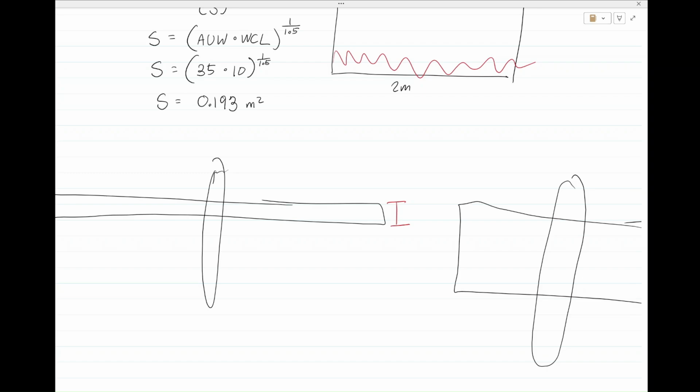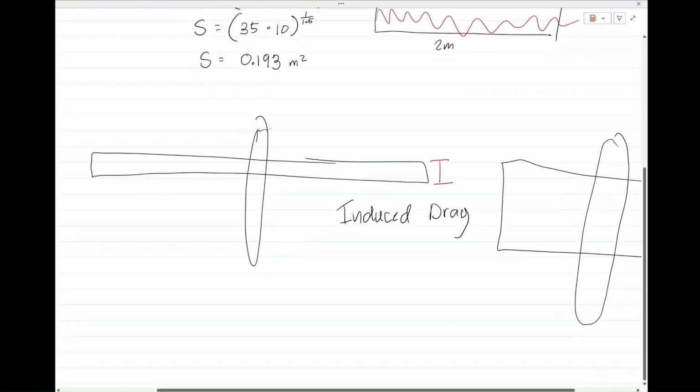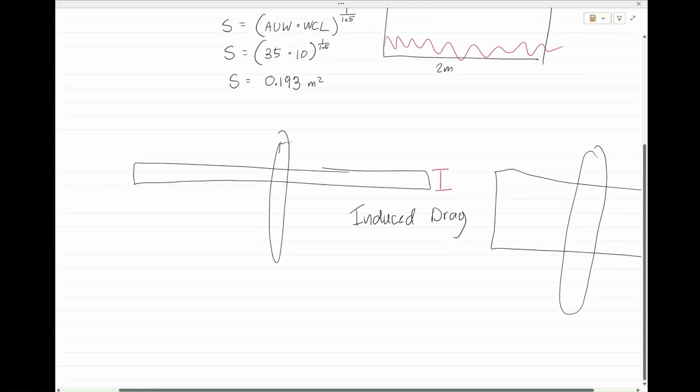Whenever you have a smaller chord, your induced drag goes down. Induced drag is a form of drag that I talked about in another video, and it primarily dominates at the lower speeds. So if you're making an aircraft, and for example, I'm making a glider, and a glider will probably stay at a lower speed, induced drag is definitely an issue for me.